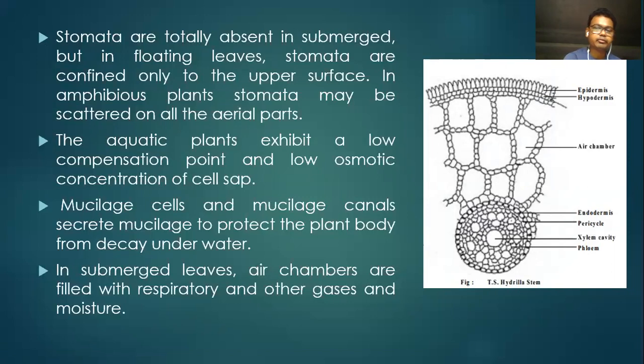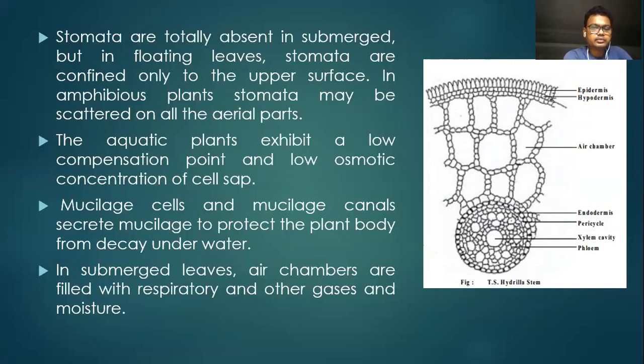For transpiration, and for the opening and closing of stomata, air connectivity is very important. But in the case of floating leaves, they have stomata, and these stomata are confined to the upper surface, because their maximum part is present beneath the water.